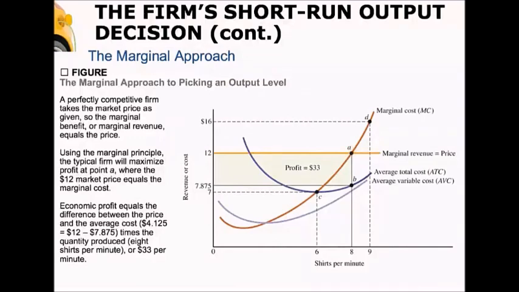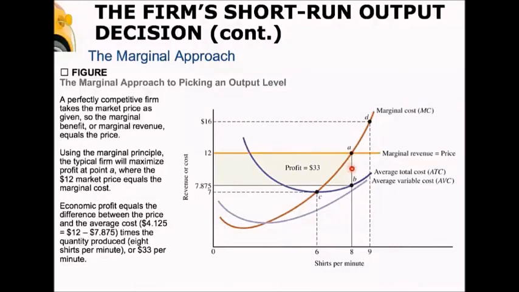Well, look at the average total cost curve here at point B. Each shirt costs $7.87 to produce. So you're getting $12 for each shirt. You're spending $7.87 per shirt. So the profit is the difference between average revenue or price and average total cost.